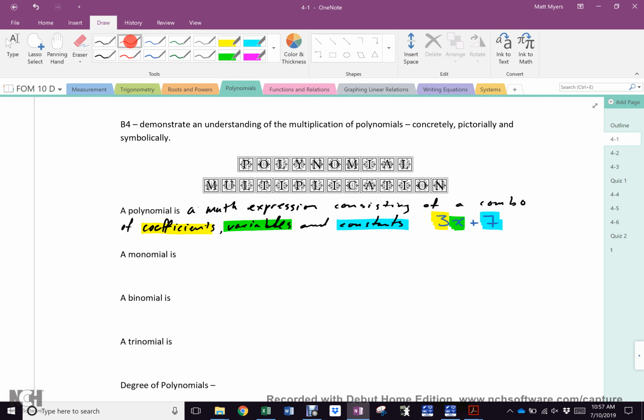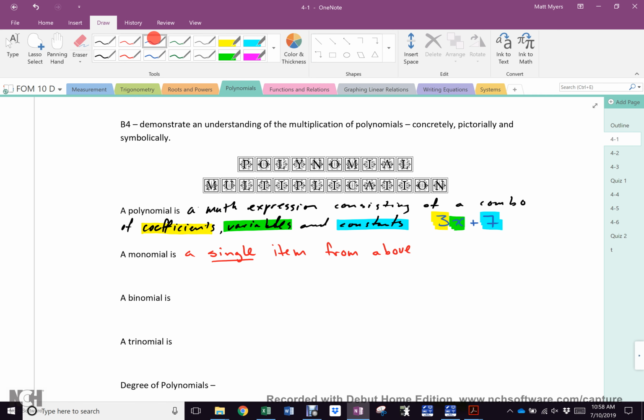Monomial is a single, please underline single, a single item from above.